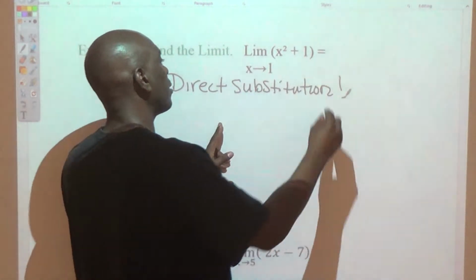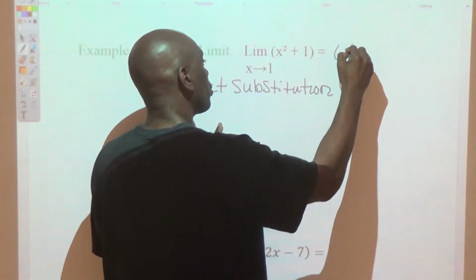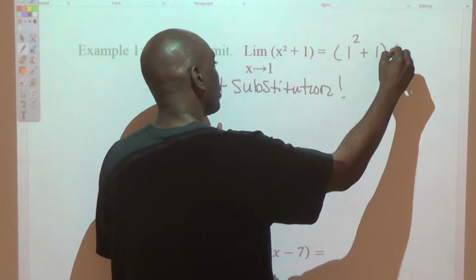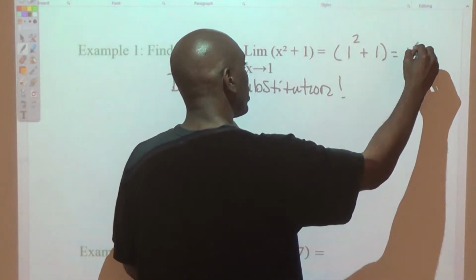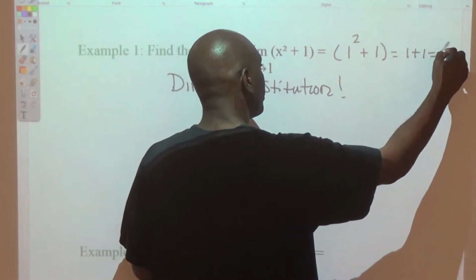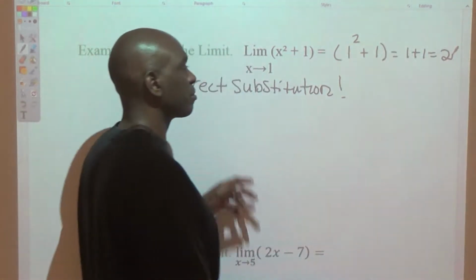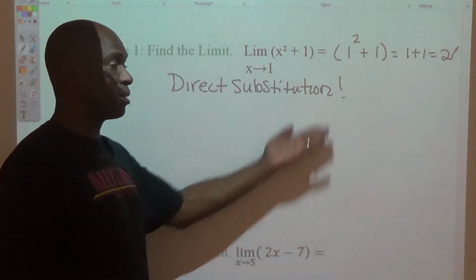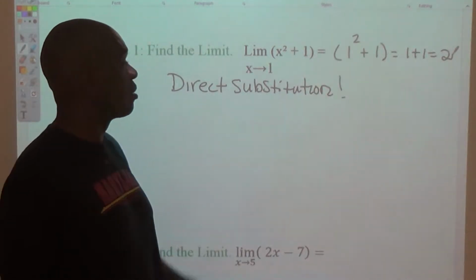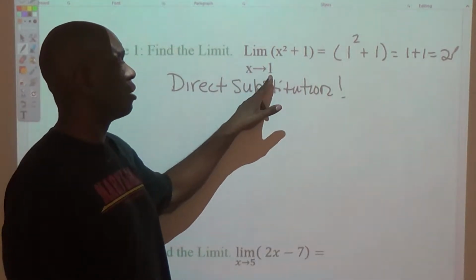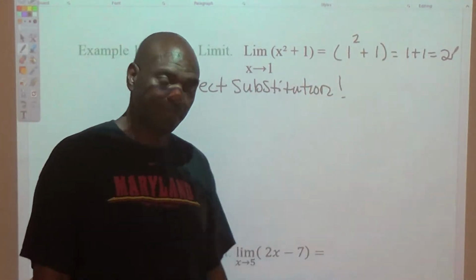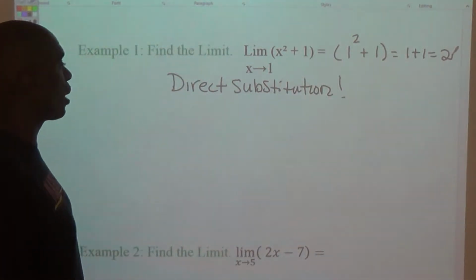If we do that, this is going to equal 1 squared plus 1, which equals 1 plus 1, which is 2. That's the answer. So the limit as x approaches 1 of x squared plus 1 is 2, by way of direct substitution.